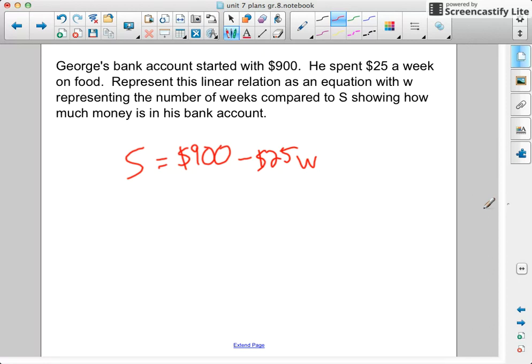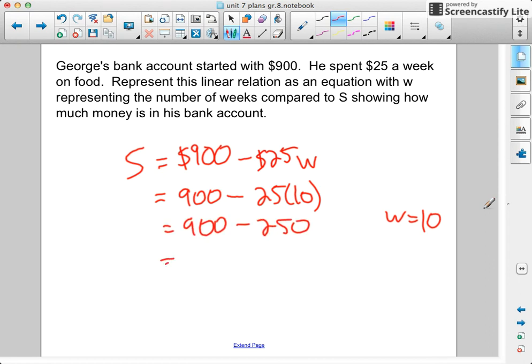Let's say he spent money for 10 weeks. Okay, so W equals 10. That would sub in 10 for W, so 900 minus 25 times 10, or 900 minus 250, so that would equal $650.